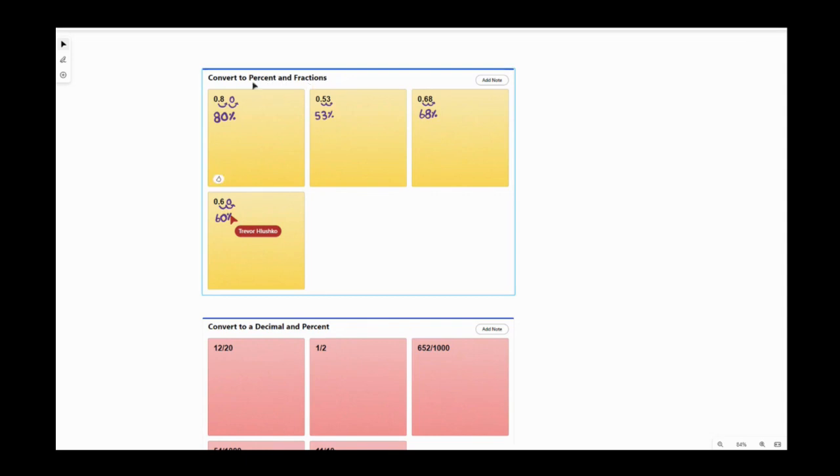And then if we have it as a decimal or as a percent, we can turn those into fractions as well.